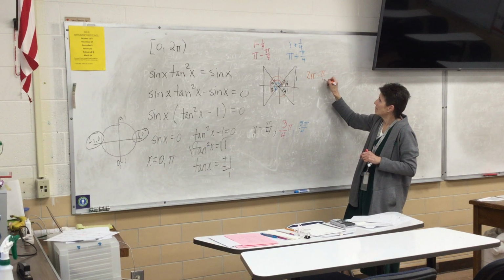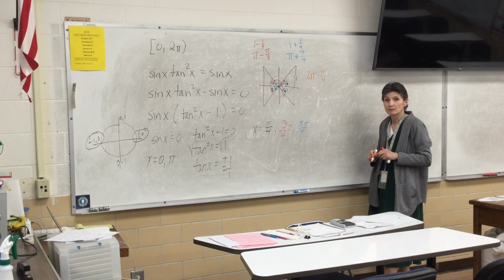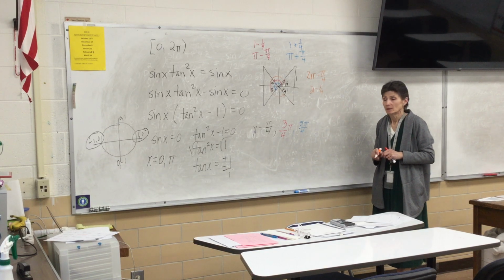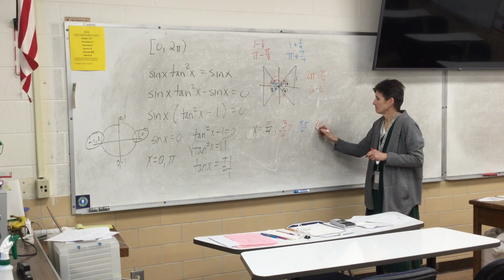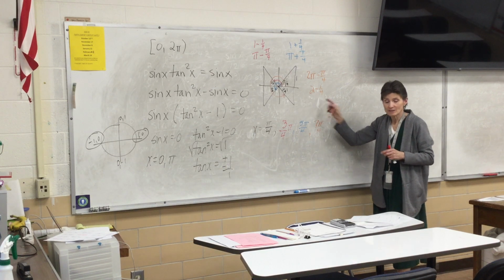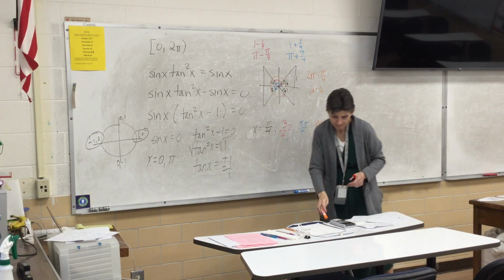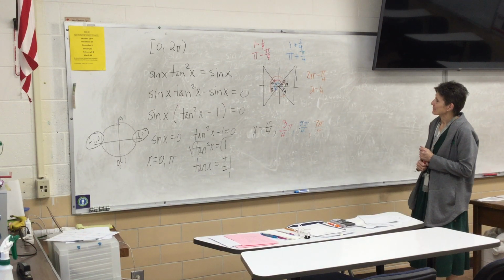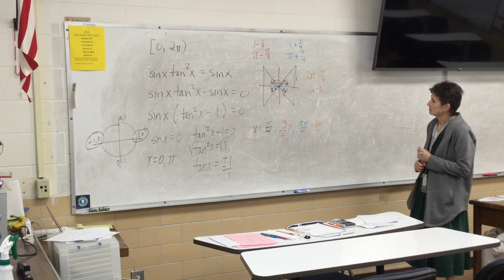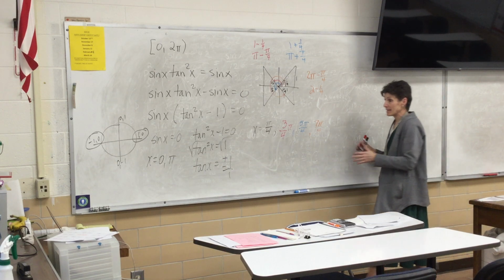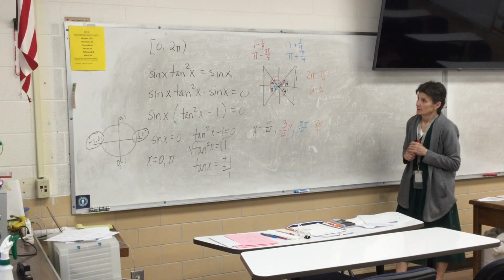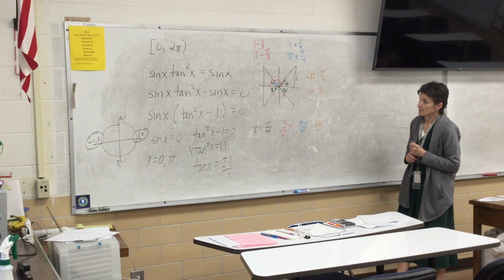So it's 2 pi minus a fourth, which is 2 minus a fourth, which is 7/4. 8/4 minus 1/4. So this problem had a lot of answers. It has those two and these 4. Lots of answers.